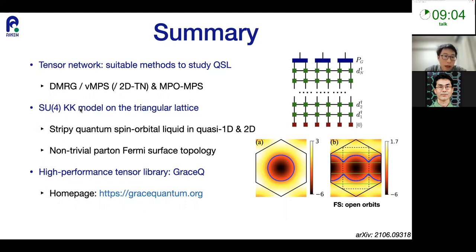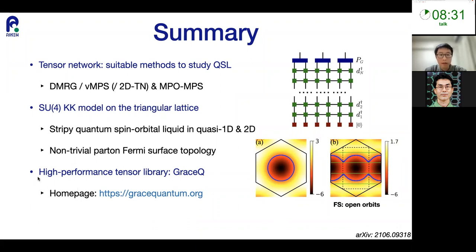For the SU(4) Kugel-Khomskii model on the triangular lattice, we suggest that its ground state should be considered a stripy quantum spin-orbital liquid, both for quasi-one-dimension and two-dimension. And we also propose a new parton ansatz to understand it, and physics related to the topology of information.